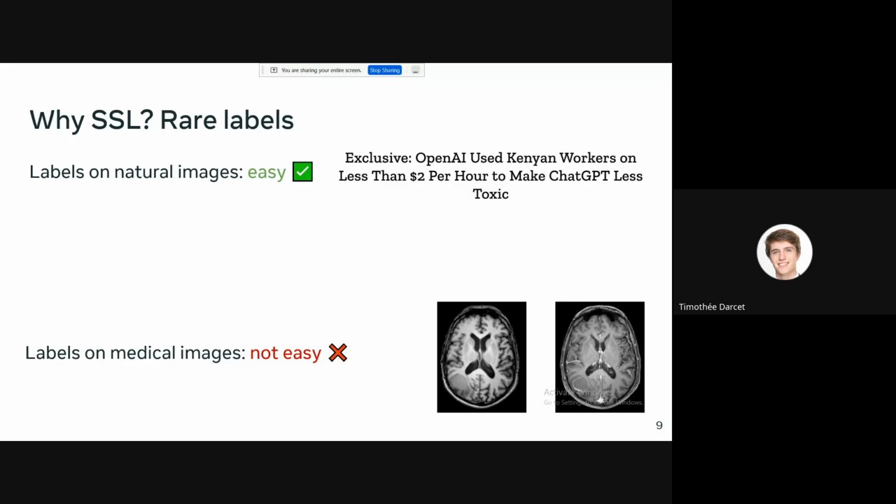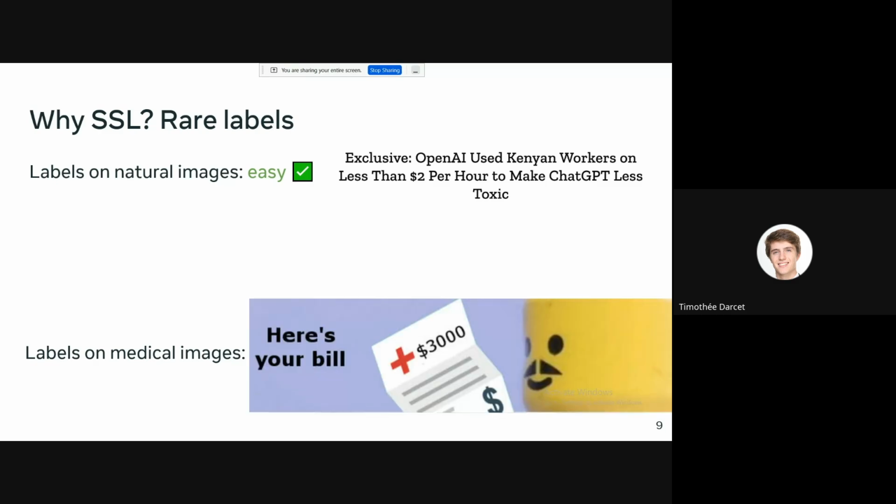When you have nature images, some people are paid very low wages to annotate just natural data. For medical images, you won't have a choice. The doctor is just going to tell you his price, and the price is high. And the price being high means you will get very few data because you have a limited budget.